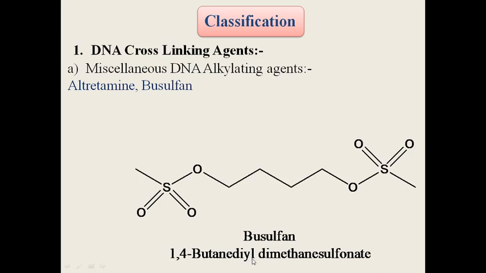Di means there are two substitutions, and dimethane sulfonate means here are two molecules of methane sulfonate, one at position 1 and another at position 4. Here if nothing is written, it is just a straight line, it is a methane, and here is sulfone, methane sulfonate.